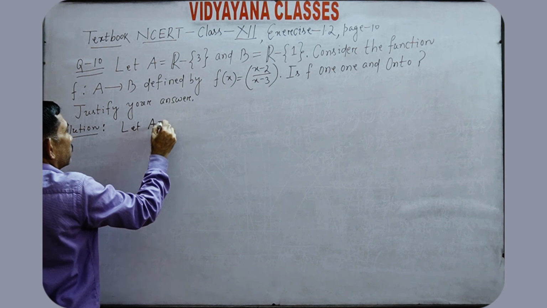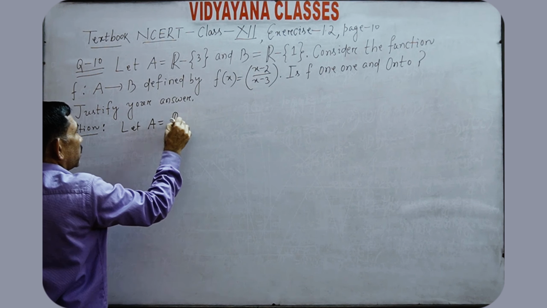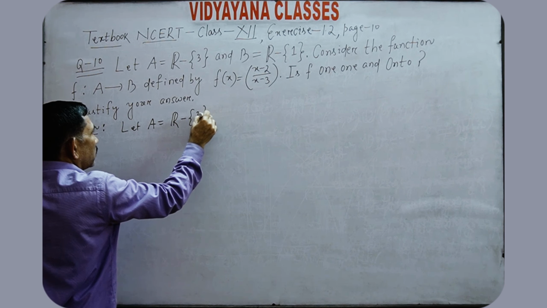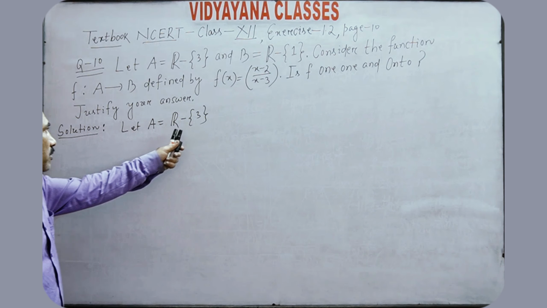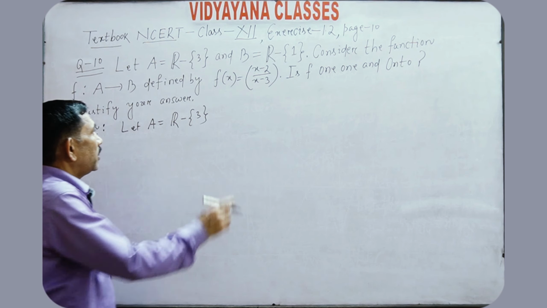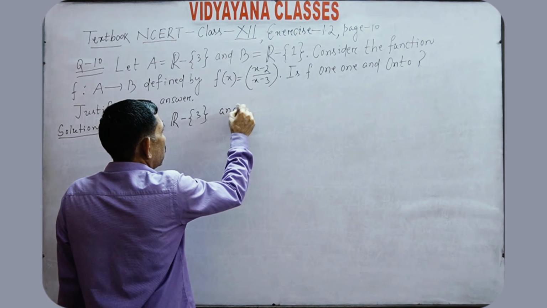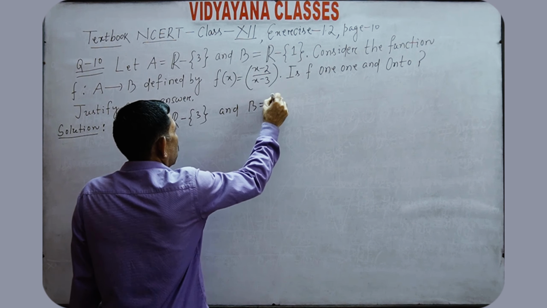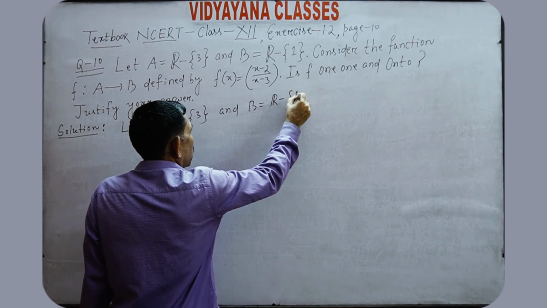Let capital A be equal to R minus the set {3}, that is, every real number not equal to 3, and capital B be R minus the set {1}.